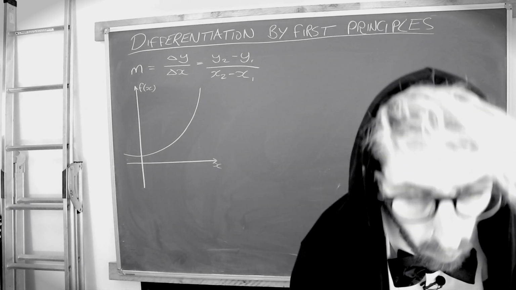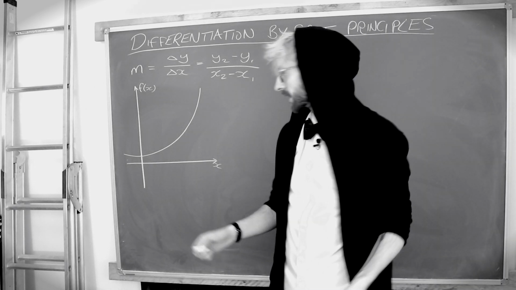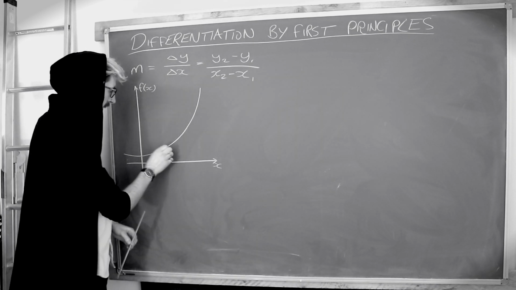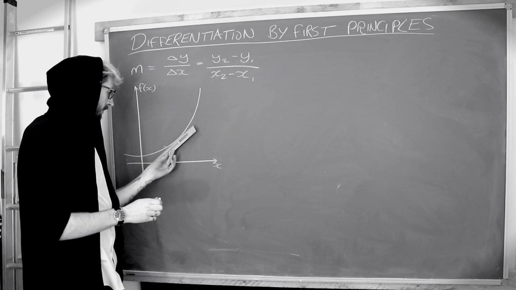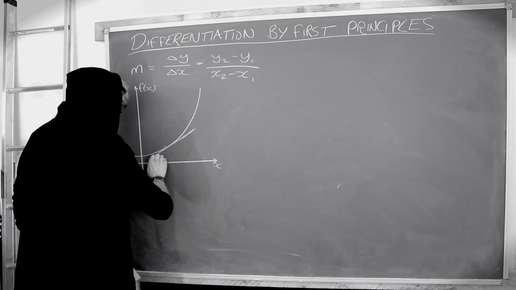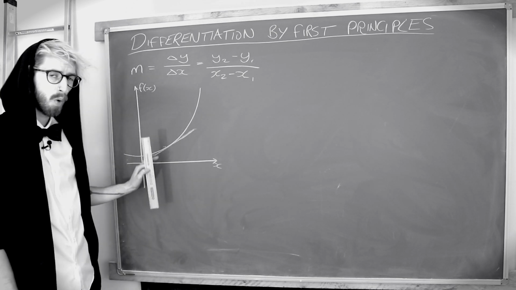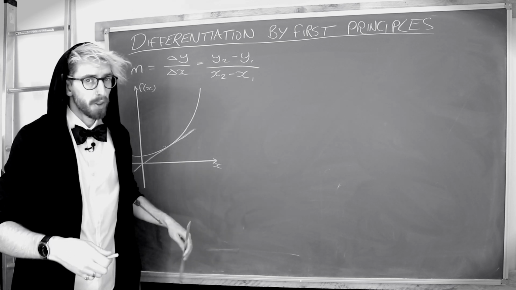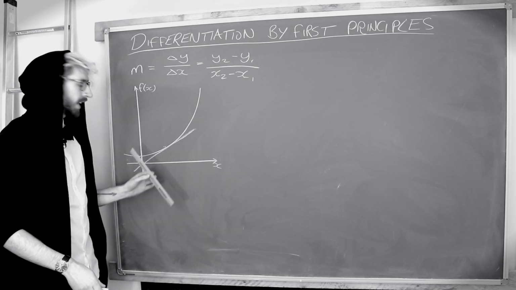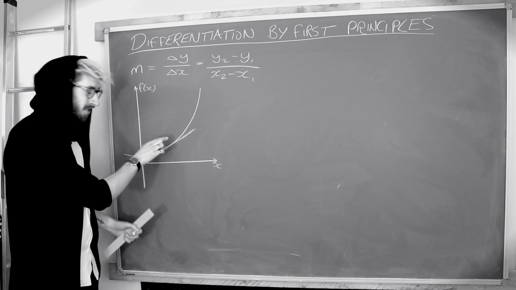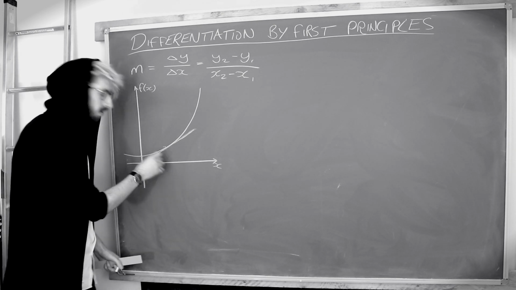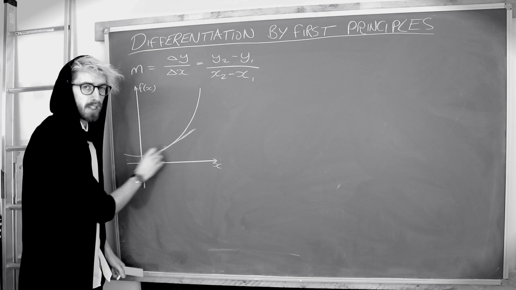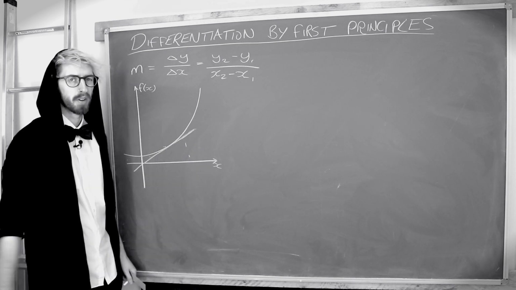What we saw in the last video was that we'd take the tangent there. Okay, there's our tangent. This is what we want, the gradient of that tangent. The problem is that if we just drew that tangent and read some values off, it would be a horrible approximation.